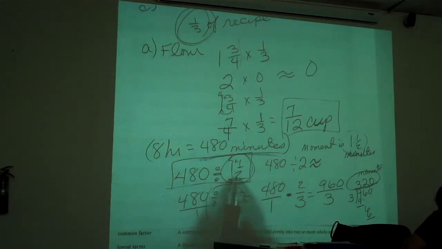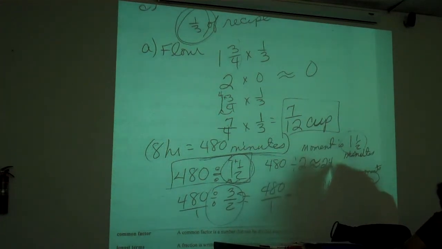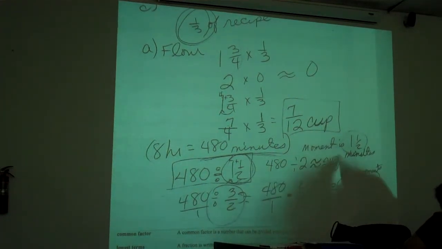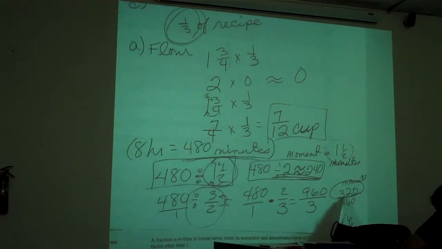Okay, so 240 is the estimate and 320 is your exact. That's an estimate right there. 320 is bigger because you didn't divide by as much. You didn't actually divide by as much.